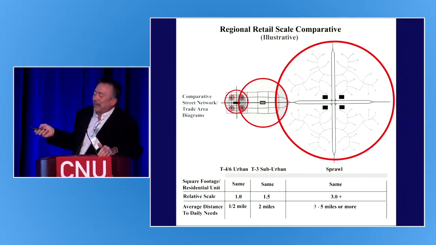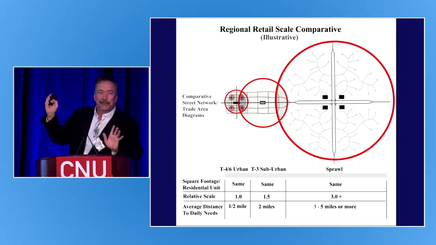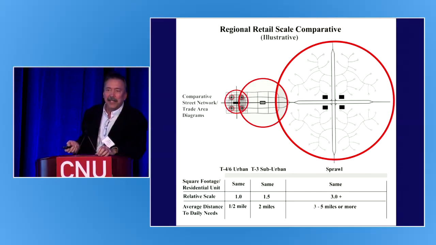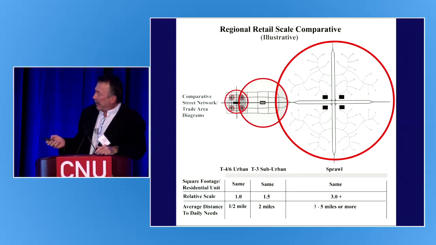There are some interesting things when you look at this, because in some respects this is the history of the evolution of urban form in the United States and its relevance to retail. What's happening now is that you had pretty much the same number of households as you had here, here, and here, but now they're all spread out. And they're spread out in what we refer to as dendritic street networks.